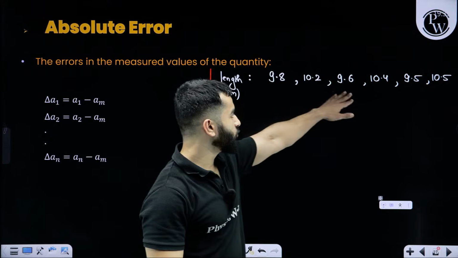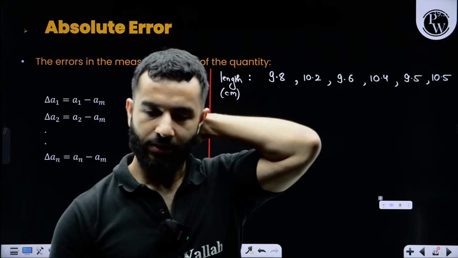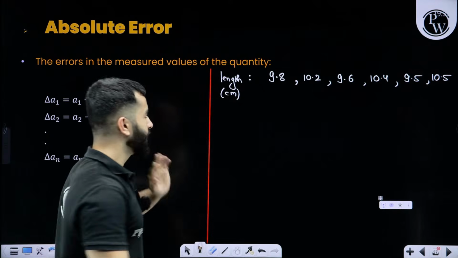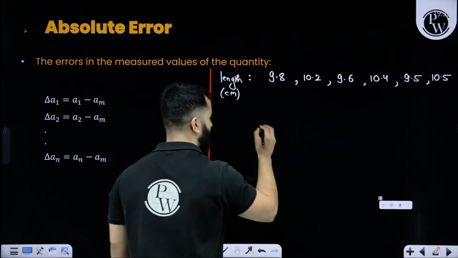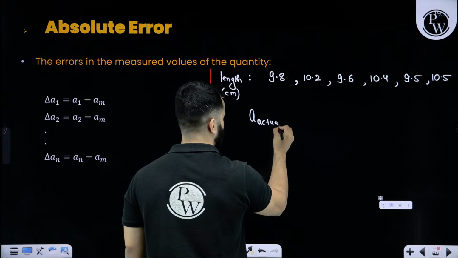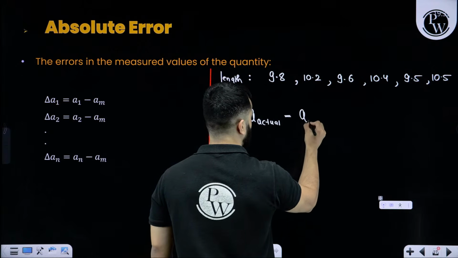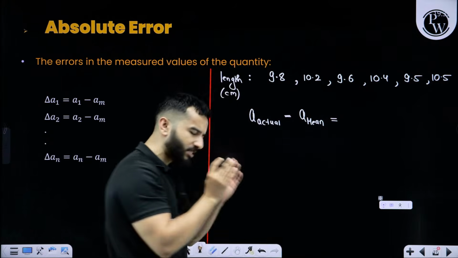1, 2, 3, 4, 5, 6. So these are individual measurements. Clear? It means that this is A1, A2, A3, A4, A5, A6. The first part is to find out the actual value of the measurement. Instead of actual, we can also call it mean. These two mean the same thing.